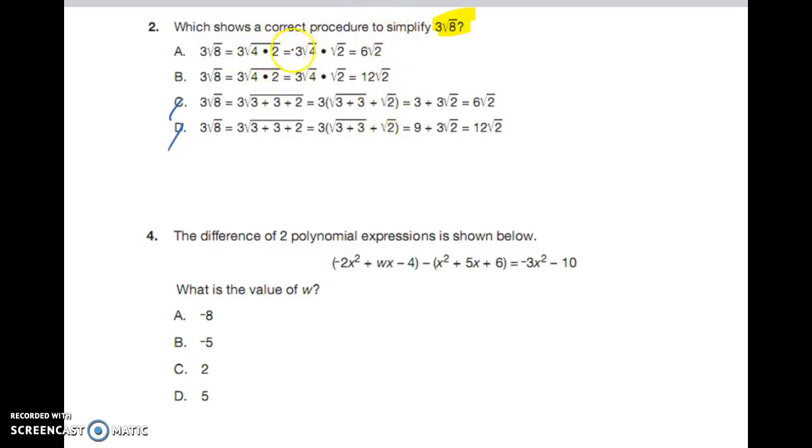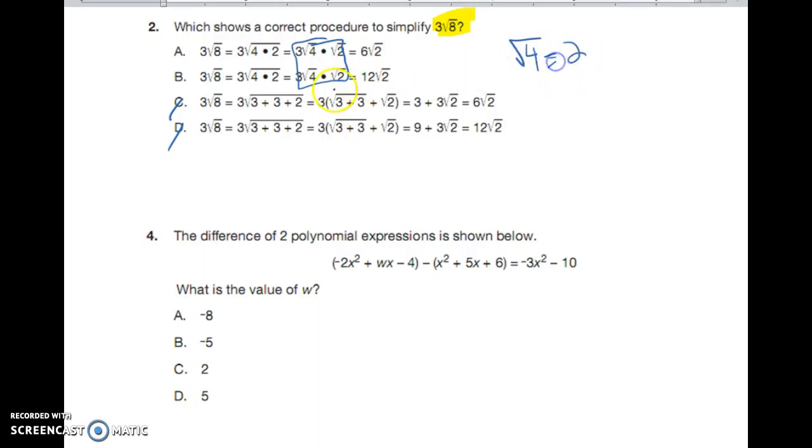To do that, 3 times the square root of 4, notice this piece of it is exactly the same in A and B. But we have to know what the square root of 4 is. If you remember, the square root of 4 is 2.